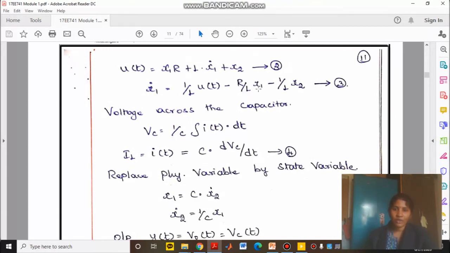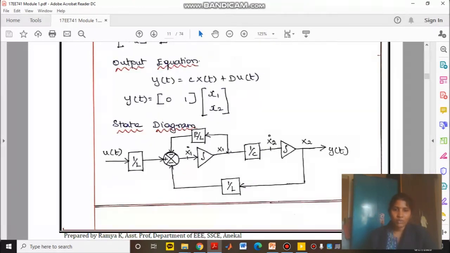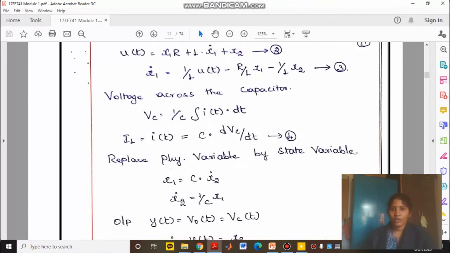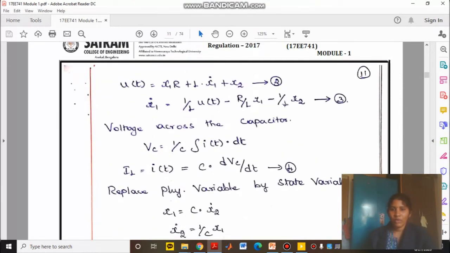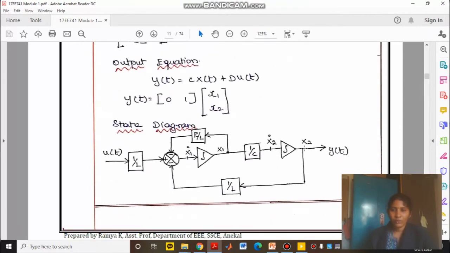Minus r by L into x1. So you have x1 here, and along with x1 you need to multiply r by L. When you multiply r by L, you will get r by L into x1. Since you have a minus sign, in the summation point you put minus. Along with x2, what is the term you have? Minus 1 by L. So here you have x2.